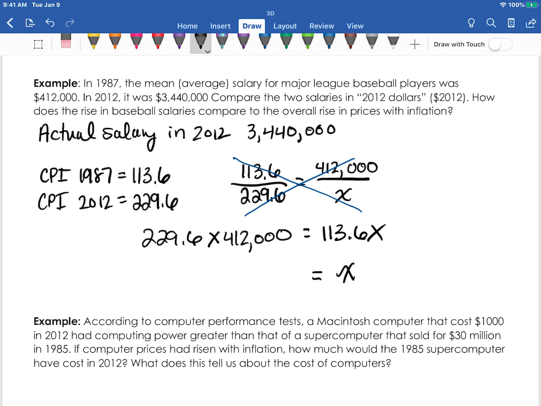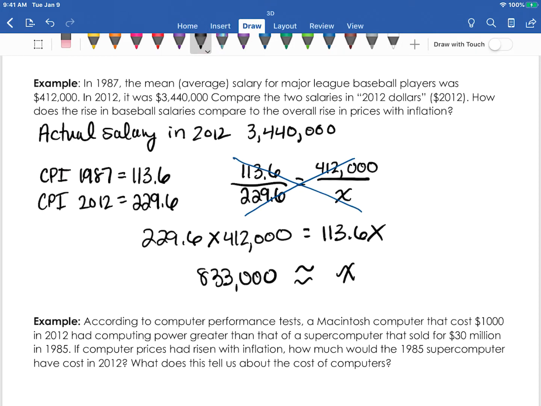So on my calculator, I'm going to do 229.6 times 412,000, and then I'm going to take that answer and divide by 113.6, and I'm going to get approximately $833,000. I should do the little squiggle line here because this is an approximation. That doesn't look good. Let me fix it.